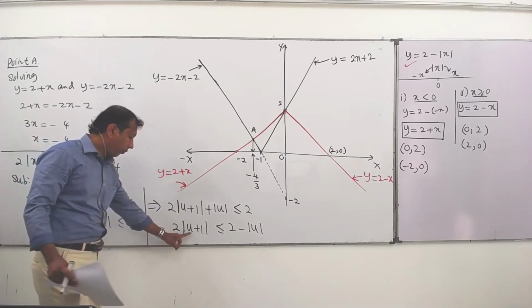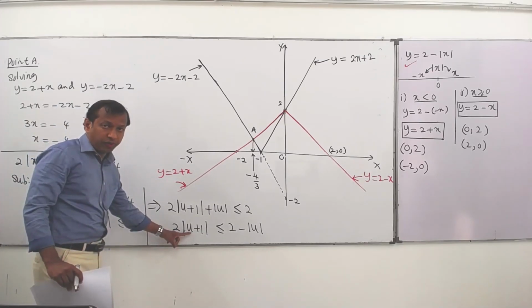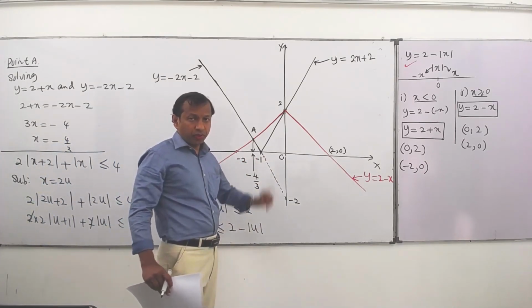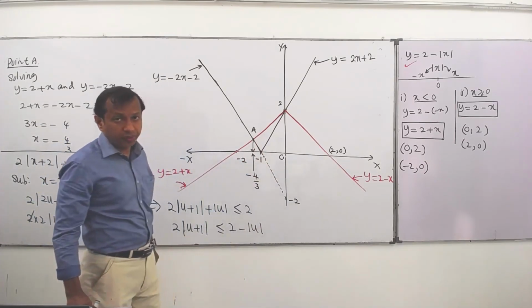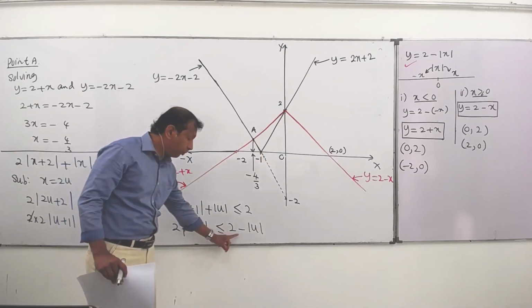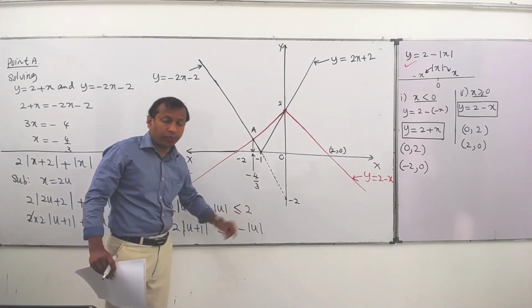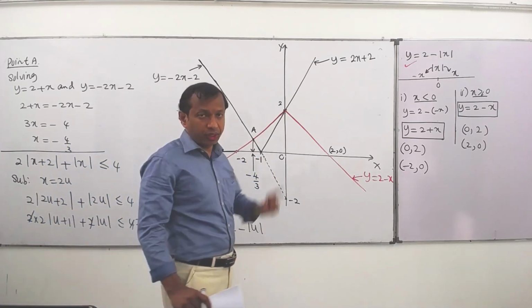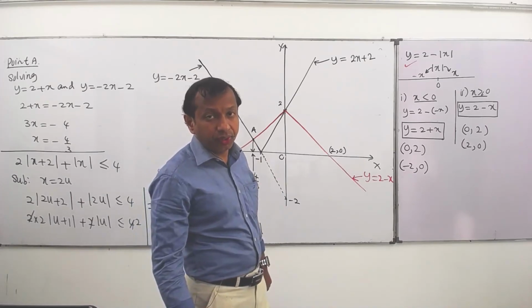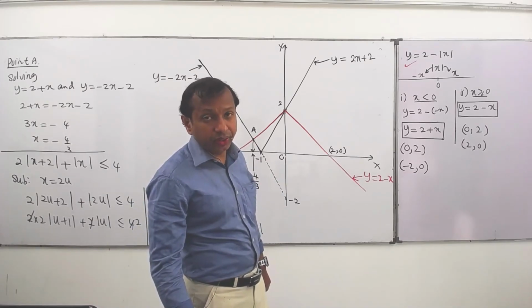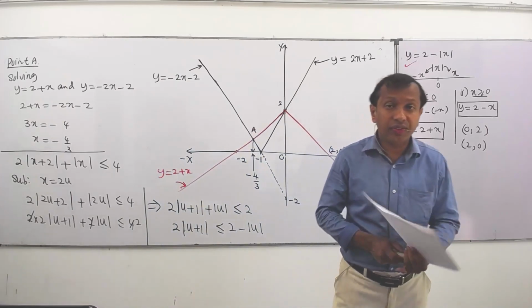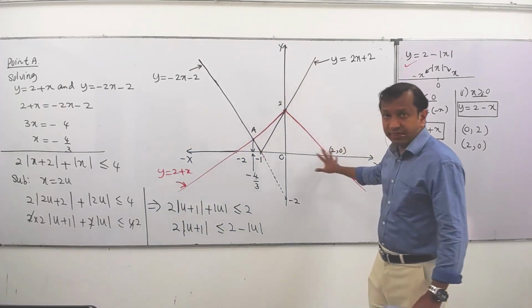Now suppose we draw this graph. Since here we have the letter u, when we draw this graph, our horizontal axis should be u. Vertical axis should be y. And here also this one, 2 minus mod u, we draw again on the same pair of axes. Horizontal axis is u, vertical is y. People, you can see that when you draw the 2 graphs, they will come in a plane like this.